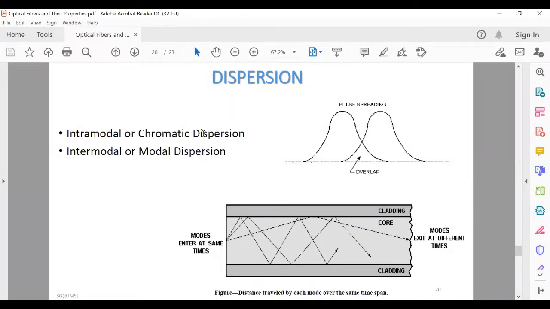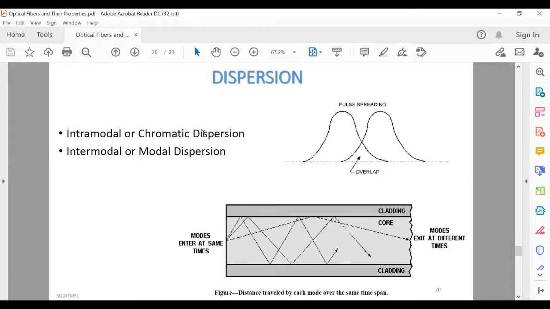Different wavelengths travel at different speeds in the fiber material. Different wavelengths of a light pulse that enter a fiber at one time exit the fiber at different times.